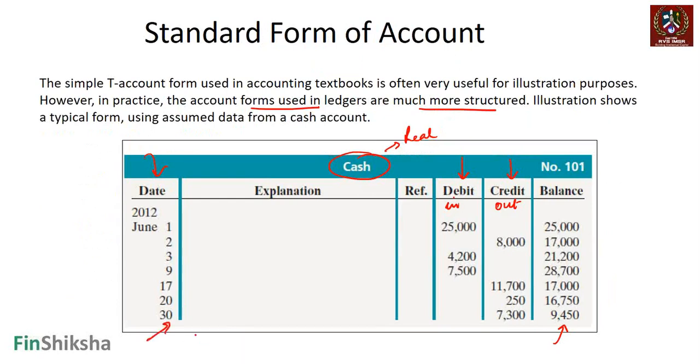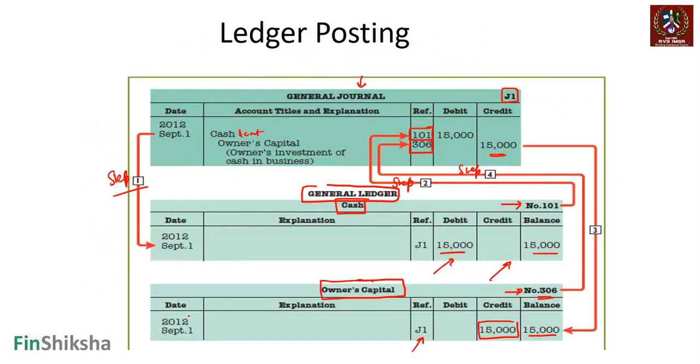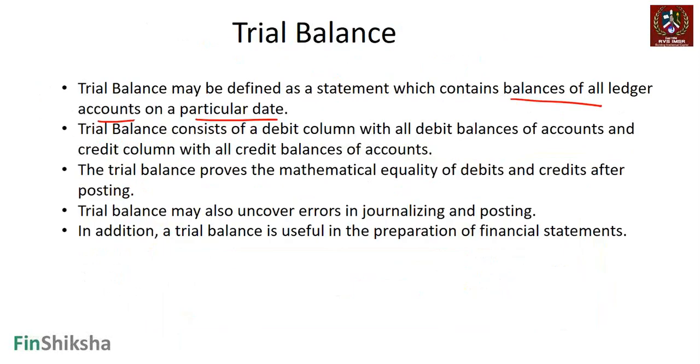At the end of this, maybe at the end of this month, we are going to account the balances of all ledger accounts, right? Now it consists of a debit column with all the debit balances of accounts and a credit column with all the credit balances of accounts. So you'll add all the balances and put it there in the trial balance. The trial balance proves the mathematical equality of debits and credits after posting.